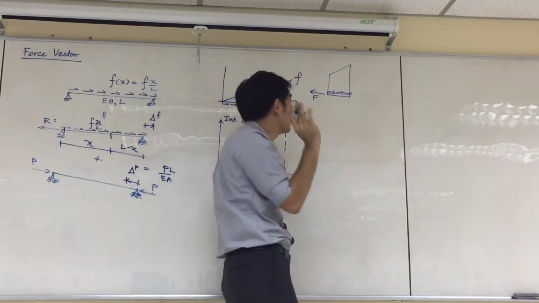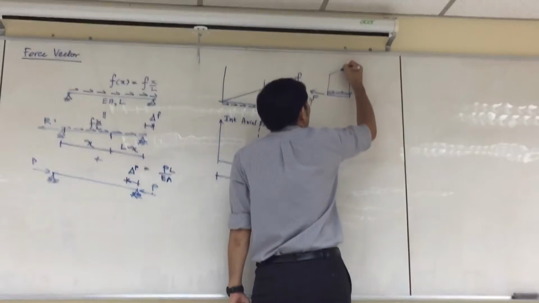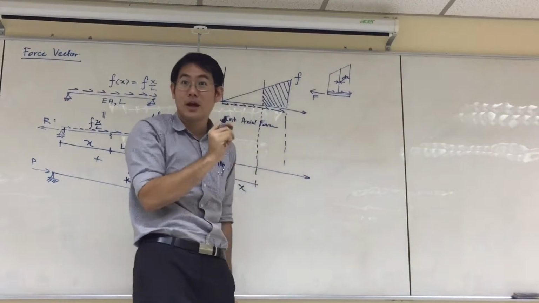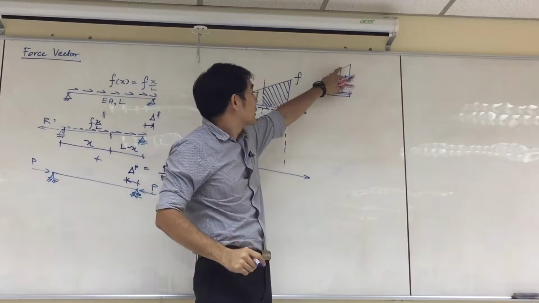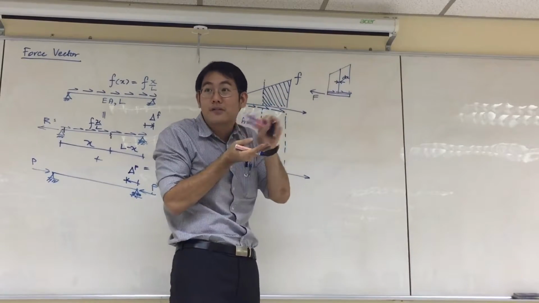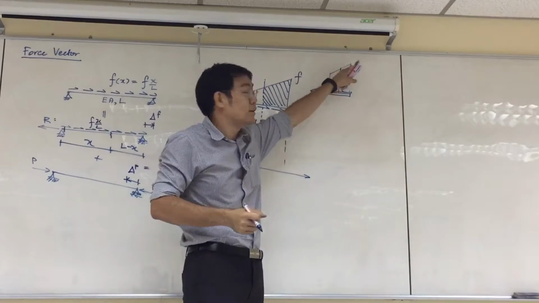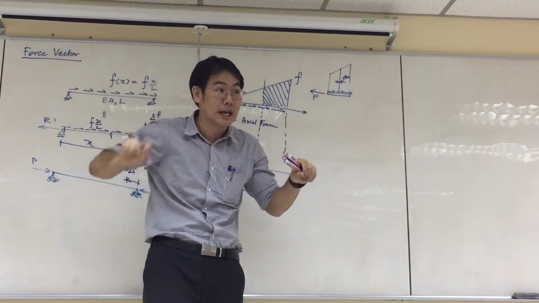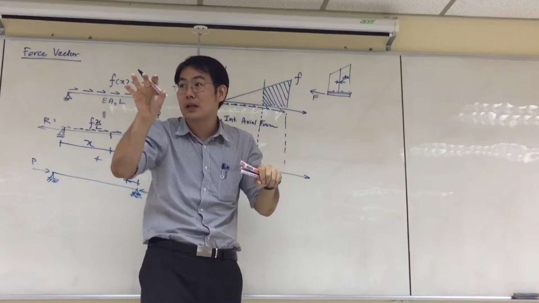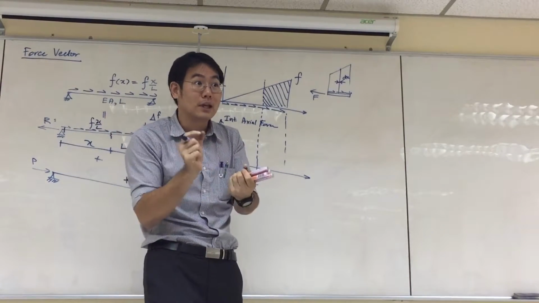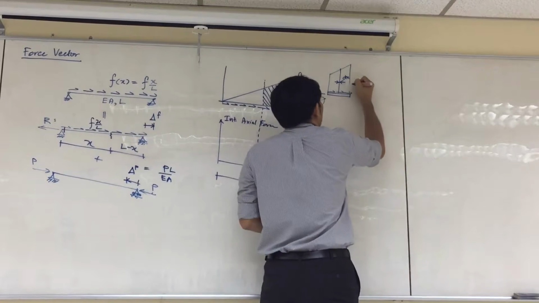So you need the distribution multiplied by dx, the force intensity multiplied by dx, because this intensity is the force per unit length. Force per unit length multiplied by length, you get force. But this is the dF.